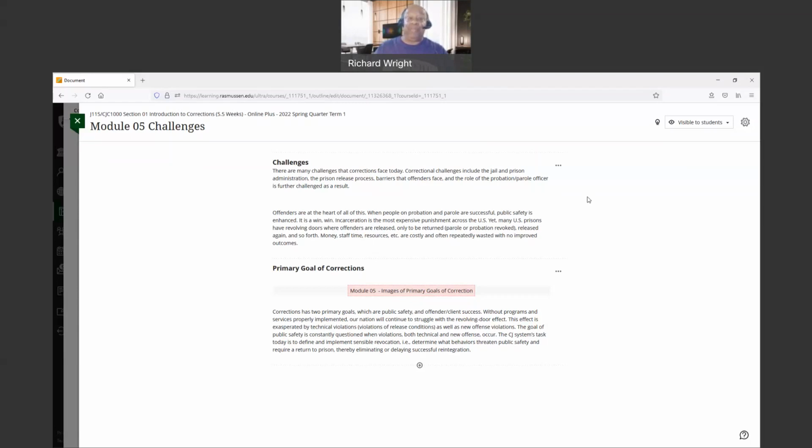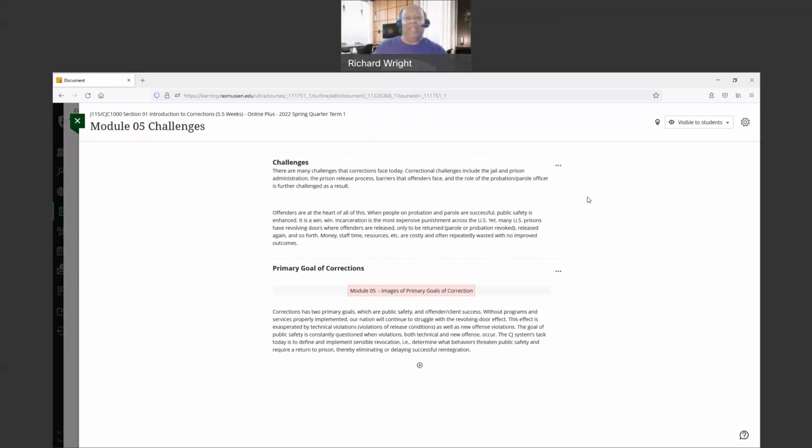If a person is placed on probation, which means they're not going to jail, but they violate the probation, depending on the level of the violation, a petition is filed. If the petition results in probation being revoked, then the person is incarcerated.